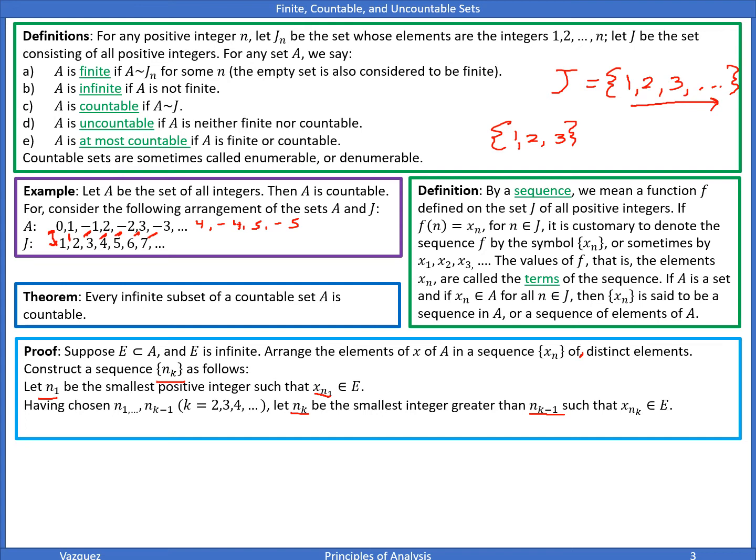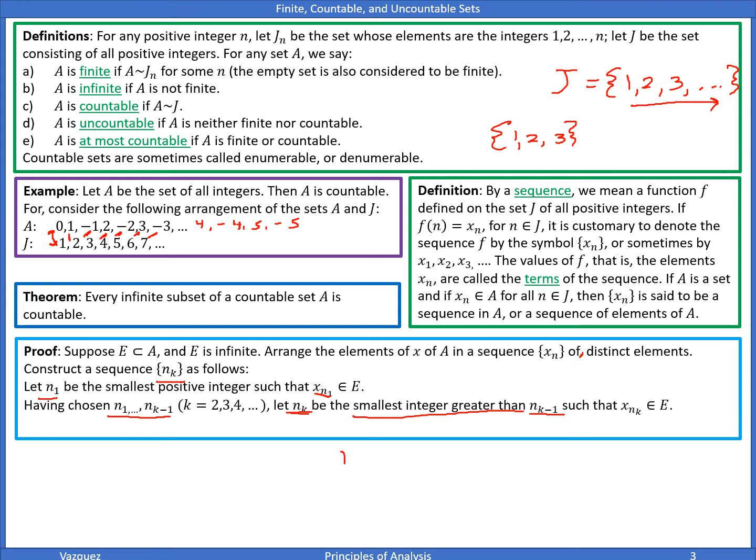All that's saying is to try to get all these terms, including n sub k, as close as possible to each other, still in order. Don't just choose another term in the sequence that's merely greater; try to make it just the next one. That's why it's the smallest integer greater than n sub k minus 1.